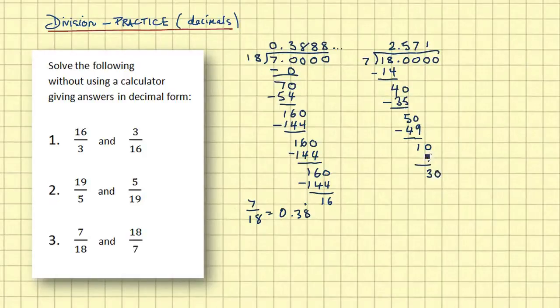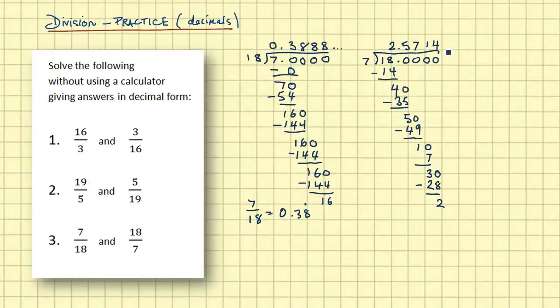Now I'm going to stop there because we haven't found any recurring pattern here, and we don't know this goes on forever. There might be a recurring pattern that's larger than this, so we don't know that there's not a recurring pattern.